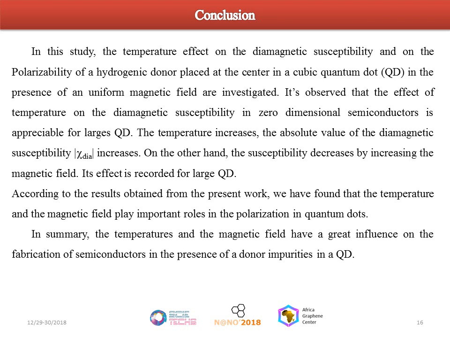So it is observed that the effect of the temperature in a zero-dimensional semiconductor is appreciable for the large quantum dot. So the temperature increases the absolute value of the diamagnetic susceptibility. On the other hand, the susceptibility decreases by increasing the magnetic field, and its effect is recorded for the large quantum box.